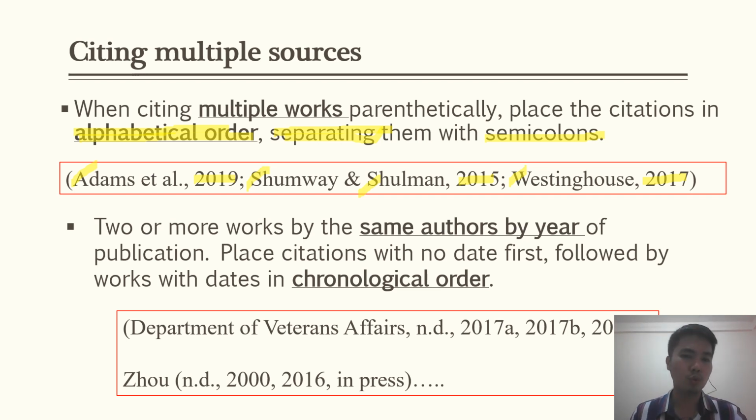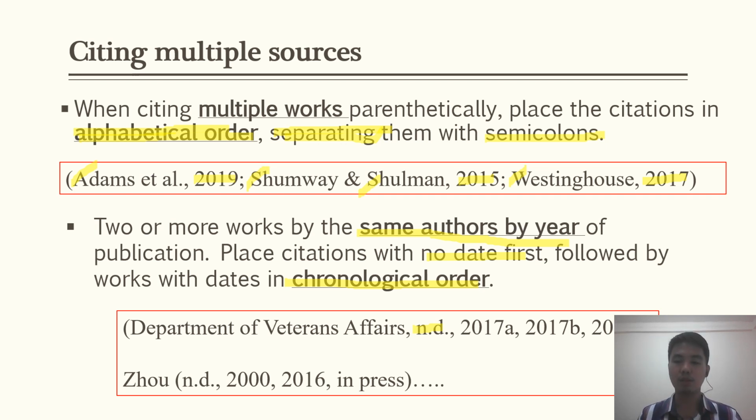How about for two or more works by the same authors by year of publication? So we place citations with no date first, followed by the works with dates in chronological order. So no dates, yung mga end dito po na yan, these are your no dates.